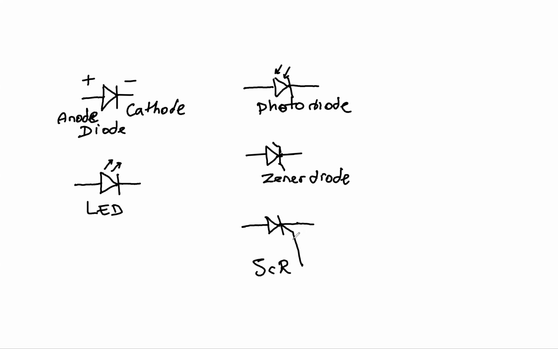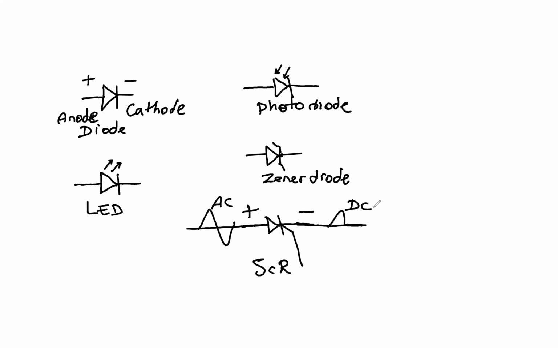So the SCR in reality looks like a transistor, but it is a diode. In this instance, we still have a positive and negative, and if you were to connect it to an AC circuit, it's going to behave just like a regular diode. It would rectify your AC into DC voltage, okay?